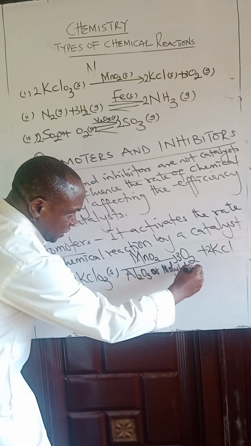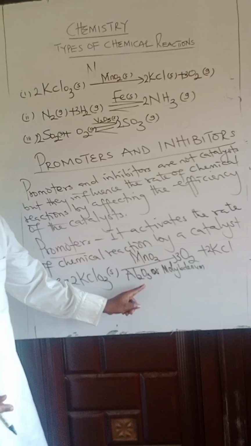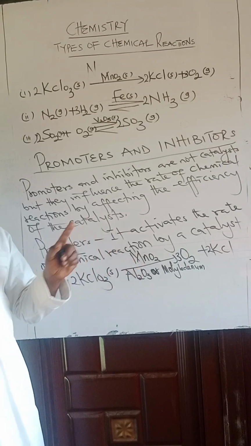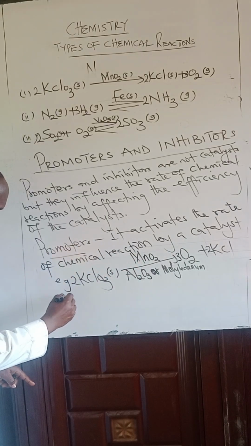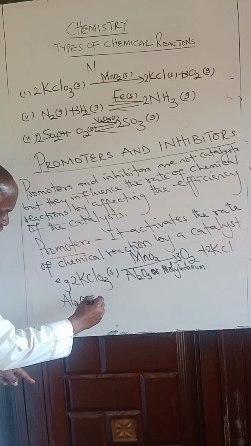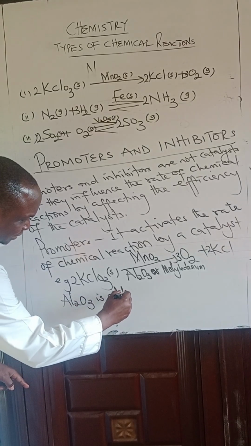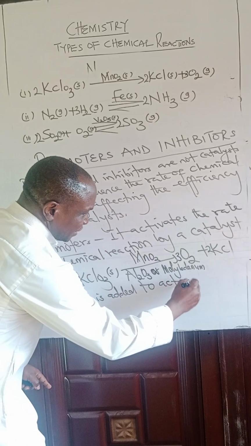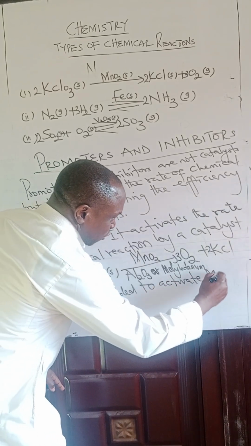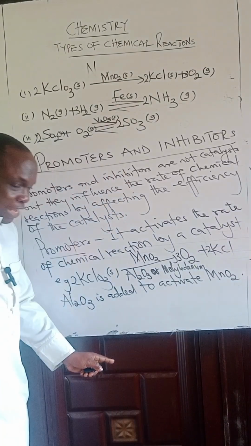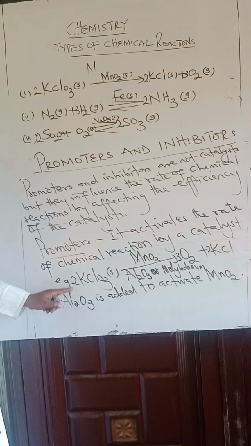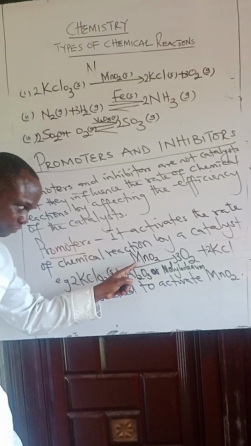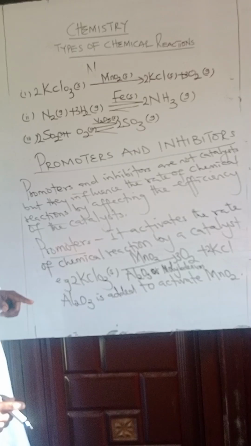The function of aluminum oxide, which is added, is to activate manganese(IV) oxide. So here, aluminum oxide serves as a promoter. It's not a catalyst, but a promoter. That's what we call promoters.